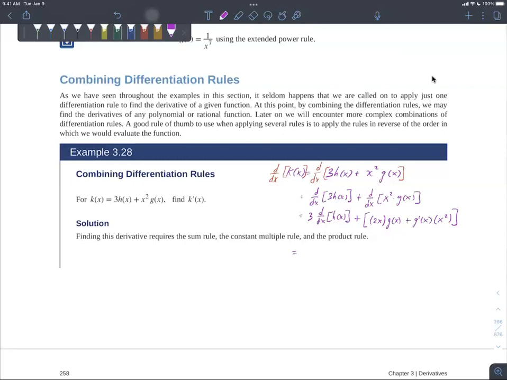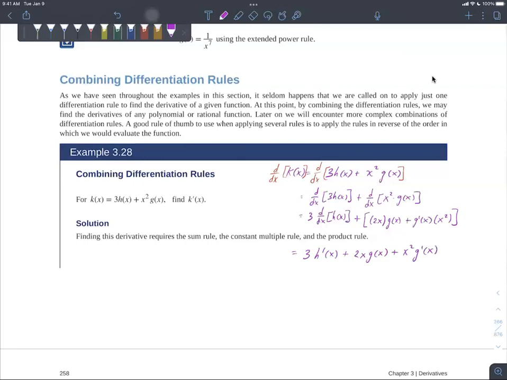And so now we have 3 times the derivative of h of x, which can be called h prime of x, plus 2x g of x, plus x squared times g prime of x.